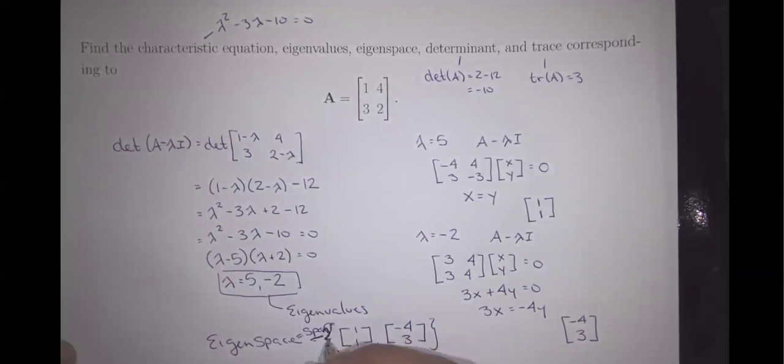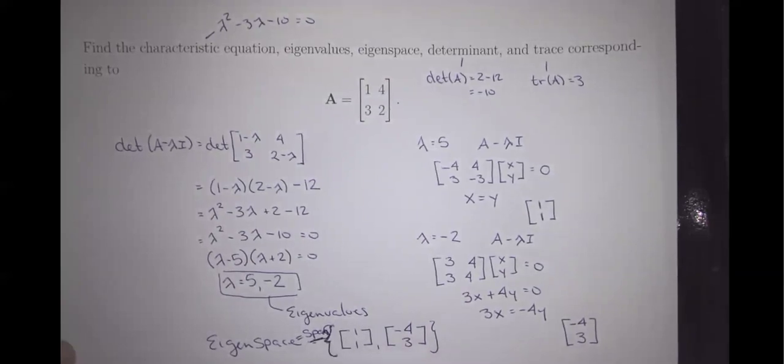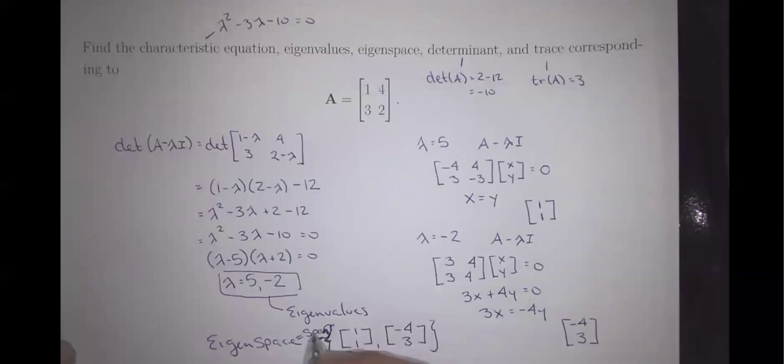I should give myself a little bit more space there, but it's the span of these vectors. Okay. Or maybe not the span. I should be a little careful here. It's a set of multiples of these vectors.